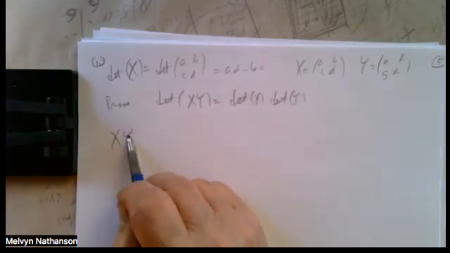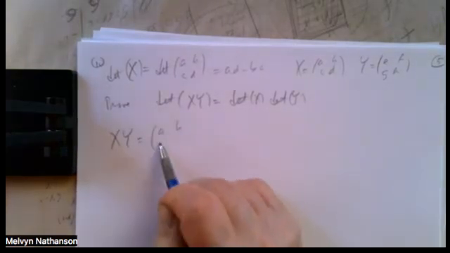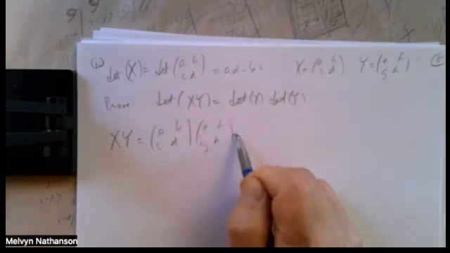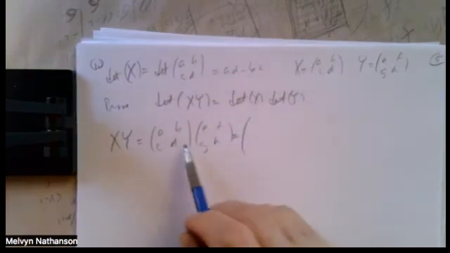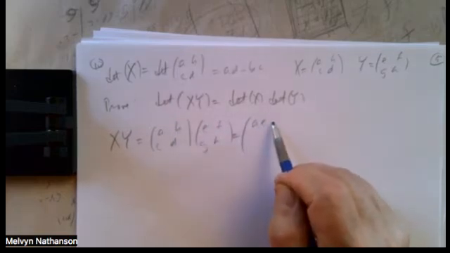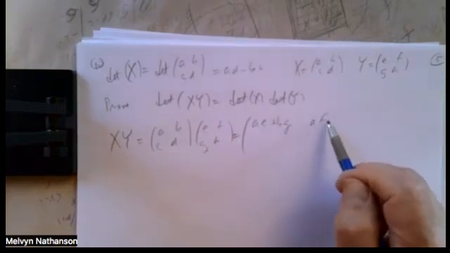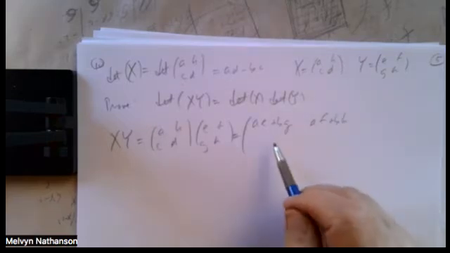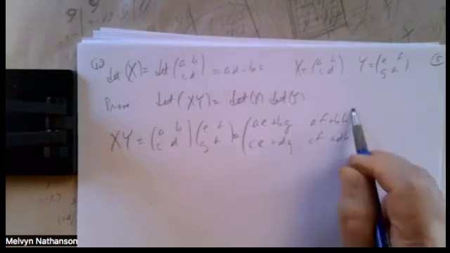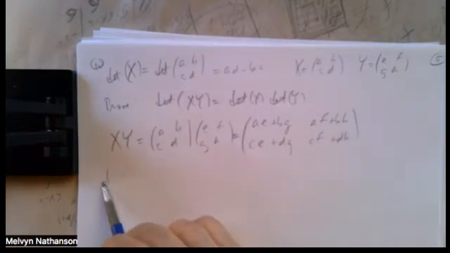What is the product of X and Y? That's A, B, C, D times E, F, G, H. When you multiply these matrices row into column, you get AE plus BG, AF plus BH, CE plus DG, and CF plus DH. That's the product.